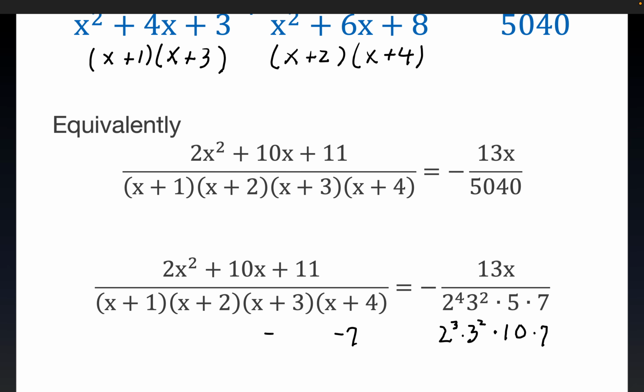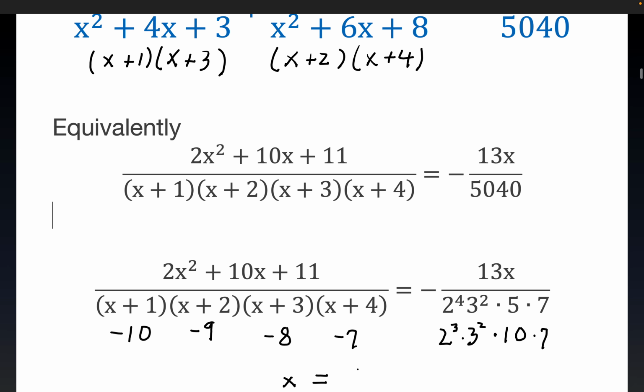Minus 8. So we have consecutive integers, namely negative integers. What's this, negative 9? And negative 10. This is very cool, I think. And I'm surprised that a math resource on the web wouldn't notice that. But that certainly implies that x has to equal negative 11.